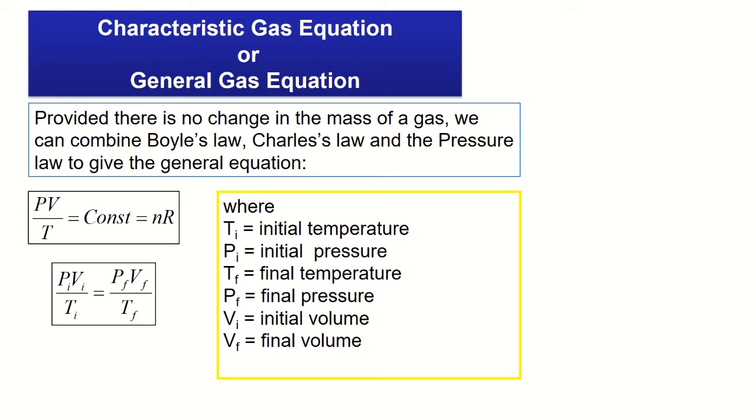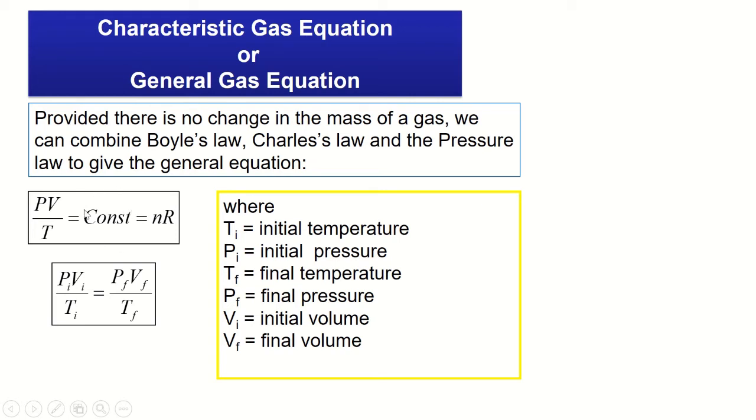So according to this equation, PV divided by T is equal to a constant. The meaning is, for any gas, if I take the pressure of the gas, multiply it by the volume of the gas and then divide by the temperature of the gas, then whatever value comes for that gas, it will never change.